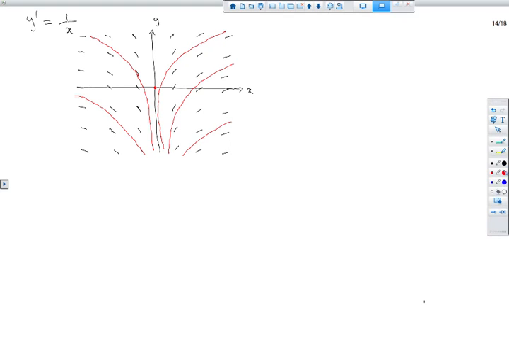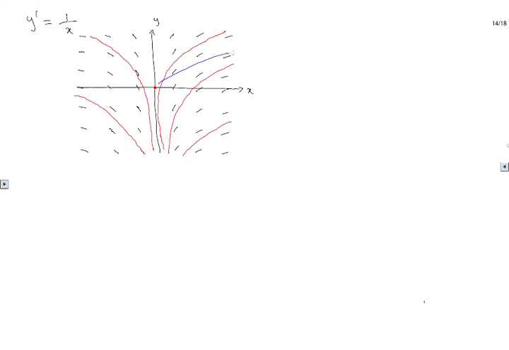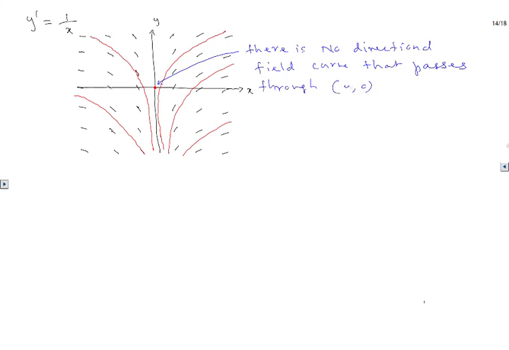So there is no directional field curve that passes through that point.